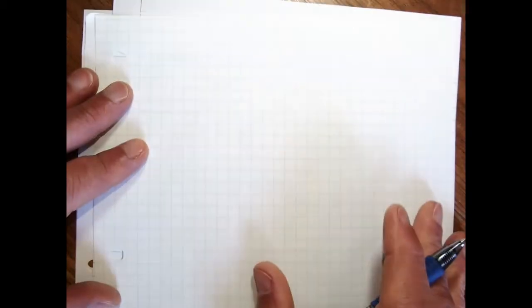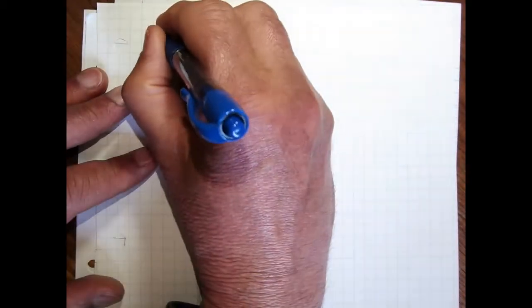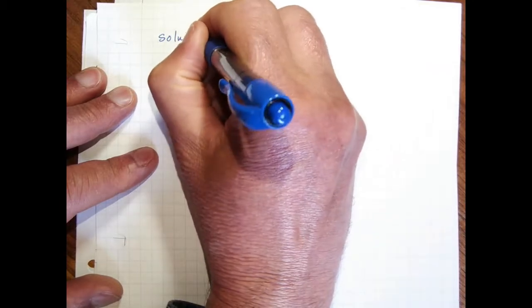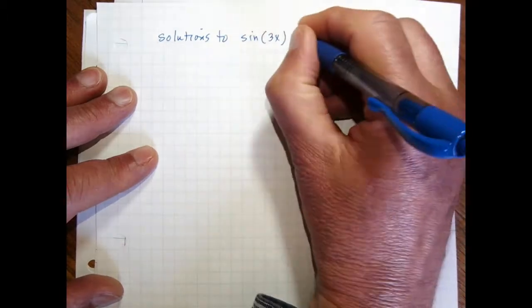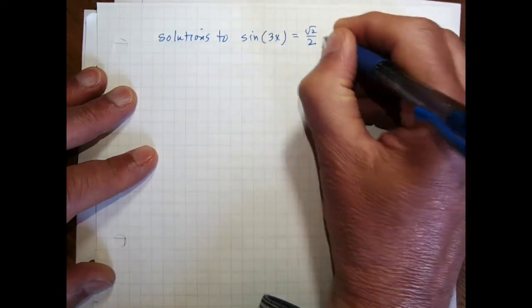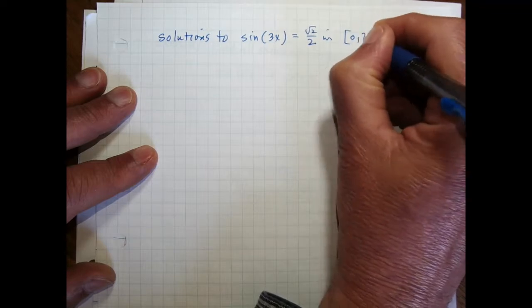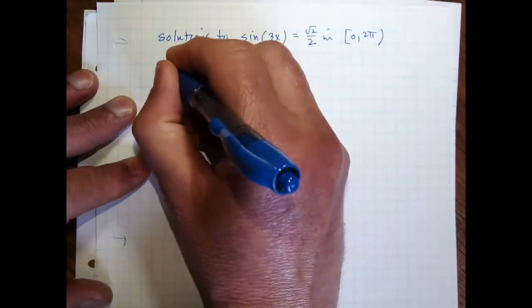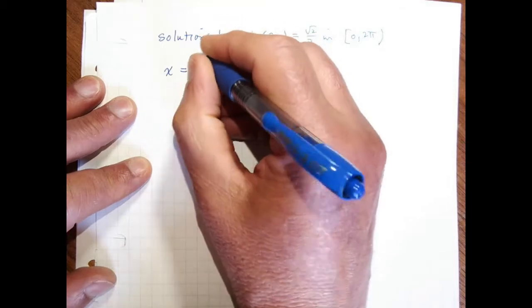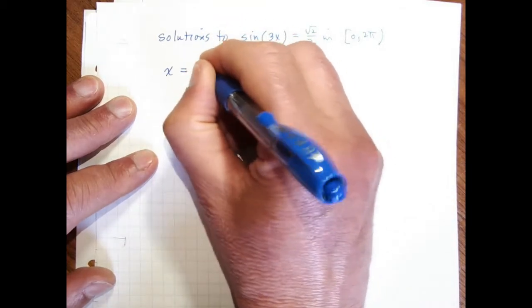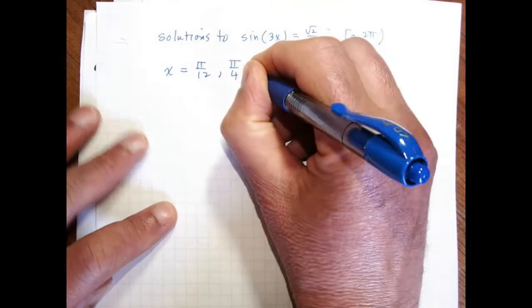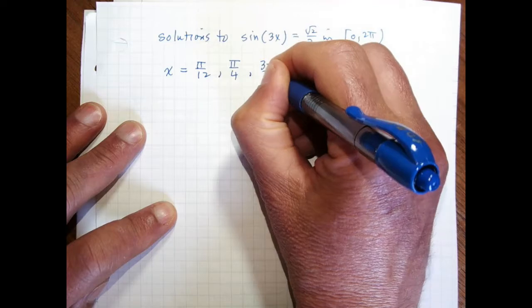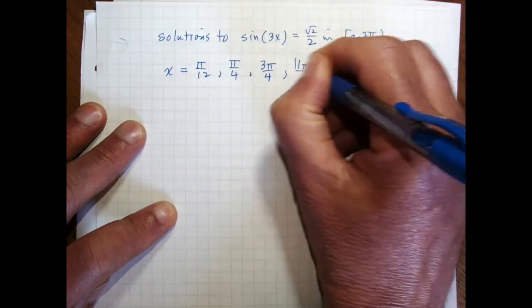And so we've been looking for solutions to sine of 3x equals square root of 2 over 2 in the interval from 0 to 2 pi. And what we found is that x could be, copying these down from my other sheet, pi over 12, pi over 4, 3 pi over 4, 11 pi over 12.